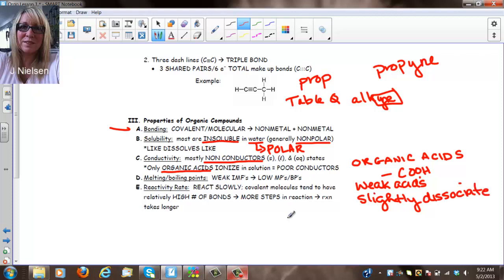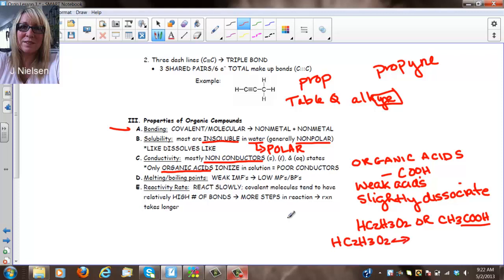By dissociate, what I mean is, let's take acetic acid. You're working with that in your titration lab right now, HC2H3O2, or it can be written as CH3COOH. So there's your clue that it's an organic compound. So when this dissociates, what you have is HC2H3O2.